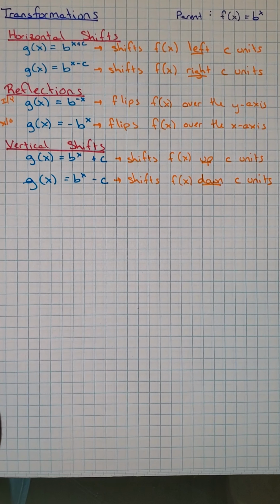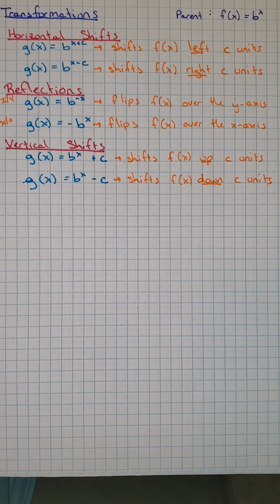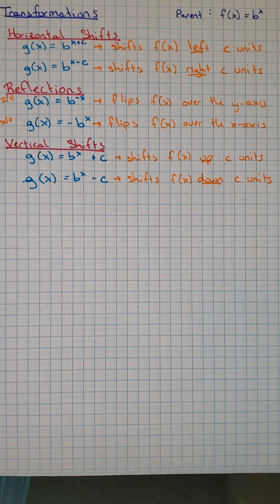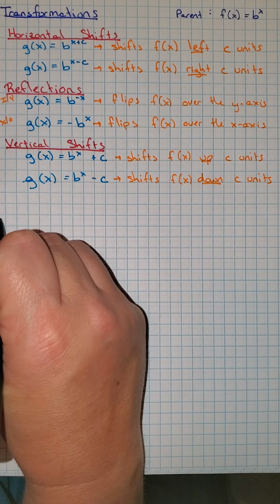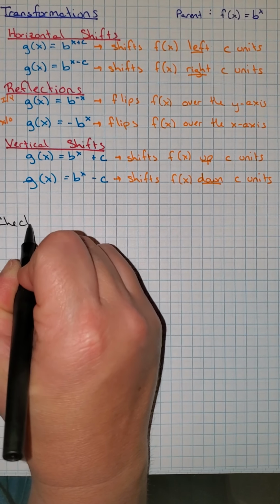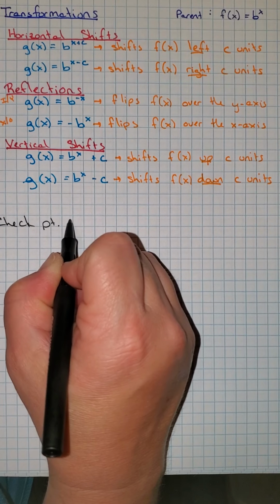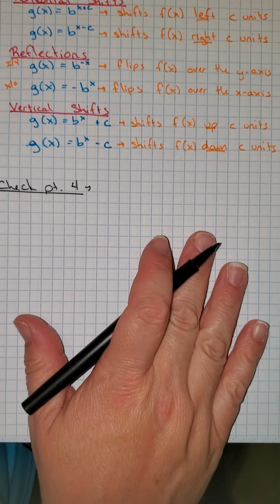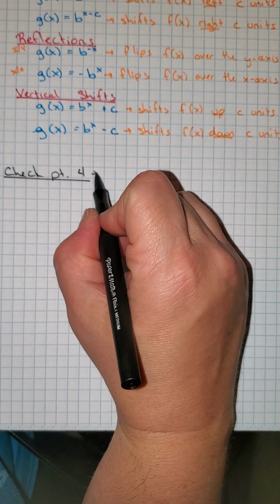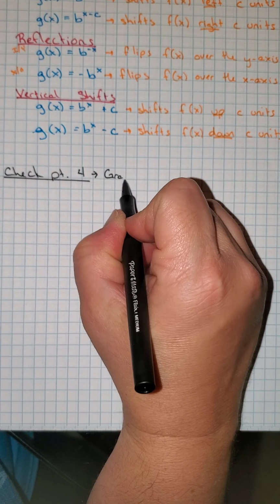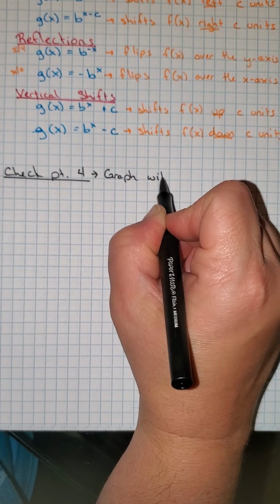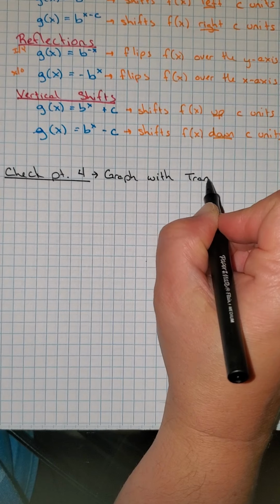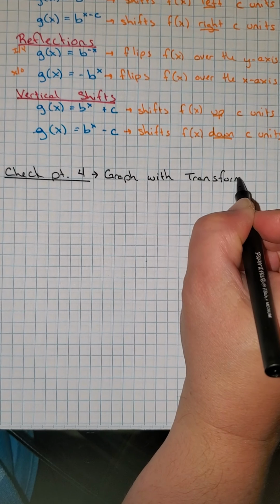All right, we have a couple checkpoints to go with this. So checkpoint 4, we have to use the graph of f of x equals 3 to the x that we had graphed before, and we're going to shift it. Okay, it's graphing with transformations.